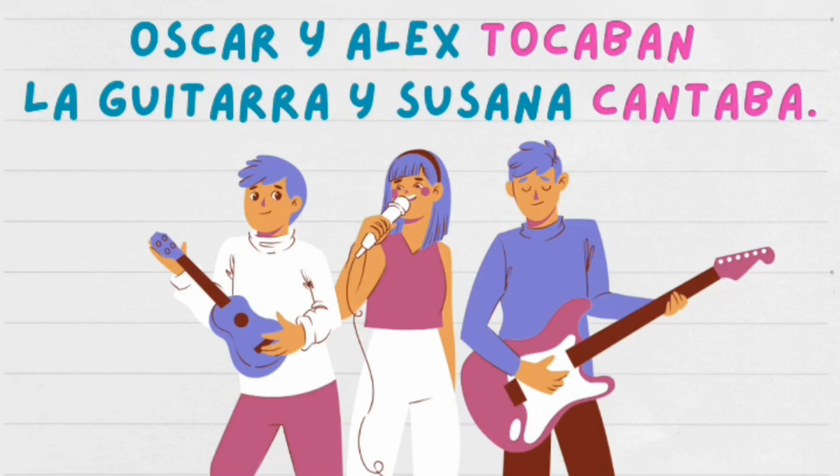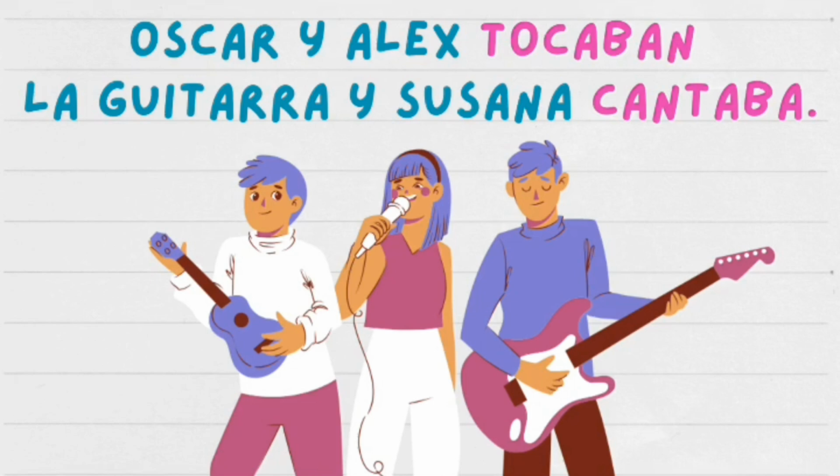To say this, in Spanish you have to say Oscar y Alex, Oscar and Alex, played, verb in the imperfect past, tocaban, the guitar, la guitarra, and Susana, sang, cantaba, okay, this is a verb in the imperfect past.